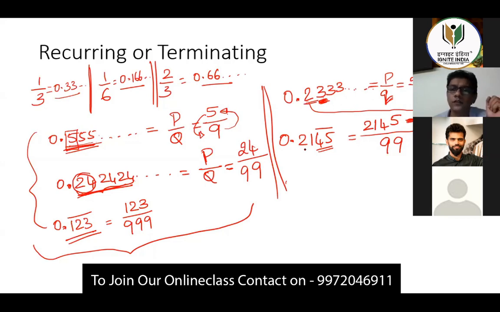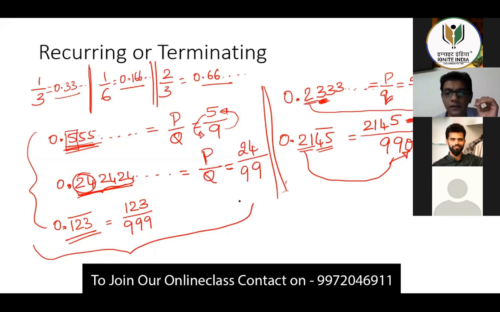So there is one digit not repeating, so 1 zero. There are 2 digits which are not repeating, and thus I will have 2 zeros. If there are 3 digits not repeating, I will have 3 zeros. I hope you are clear, right?